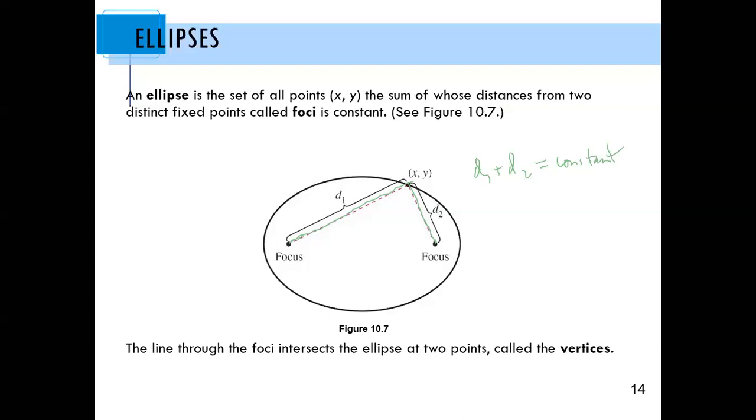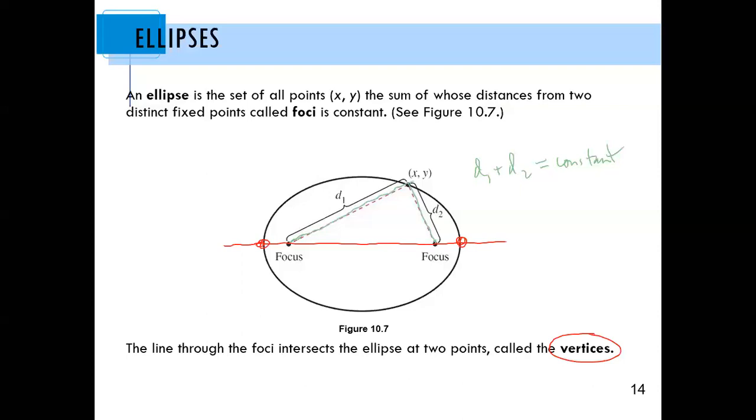The line through the foci intersects the ellipse at two points that we call the vertices. So if I draw the line through the two foci, I get a couple of points here and here that are called the vertices.